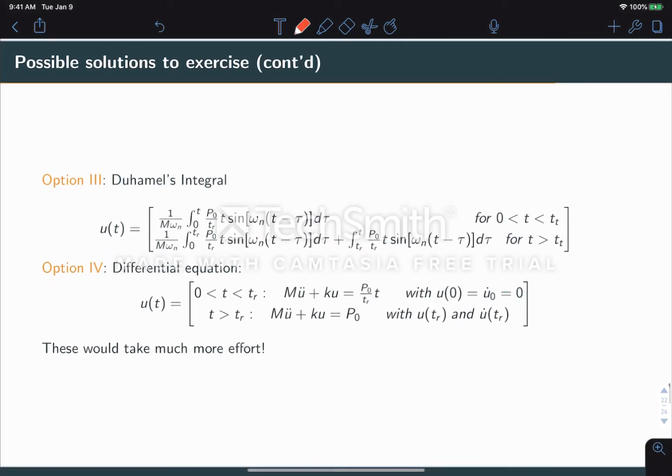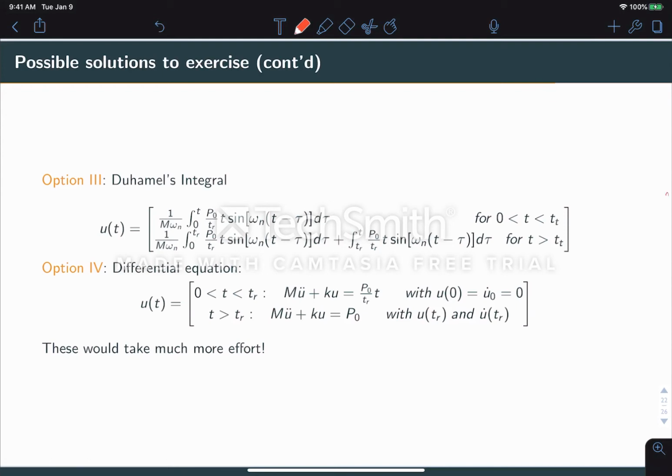Now, of course, there's additional options here. The third option would be Duhamel's integral, and you can see what that would look like here. But we're not going to go too much into detail here. This is really more for the next chapter. And you could also solve the differential equations, essentially, using EOMs as well.